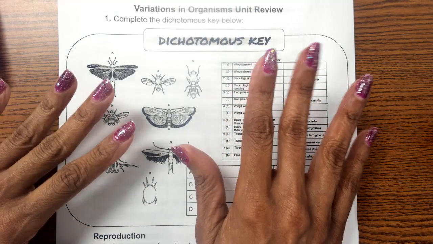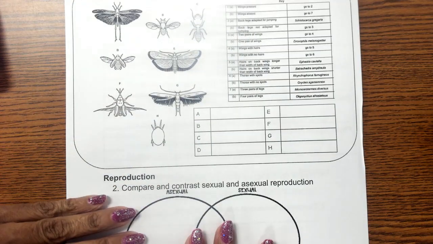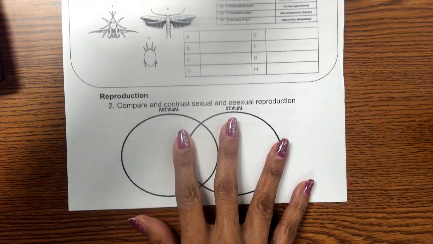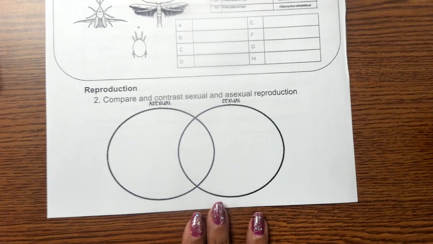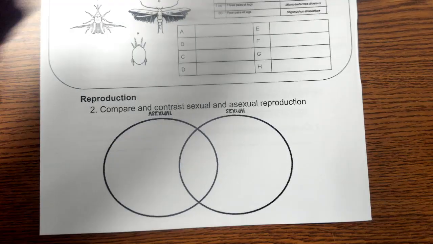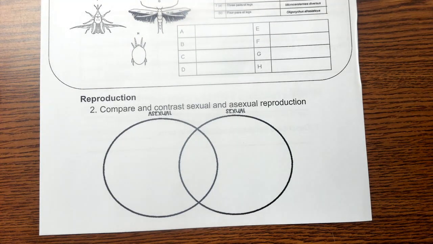So I'm going to start with the reproduction, and then I'll do a separate short video, because there's a couple other examples I wanted to include that piggybacked off of the dichotomous key gizmo that you did in class the other day.